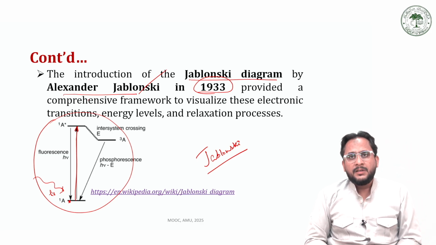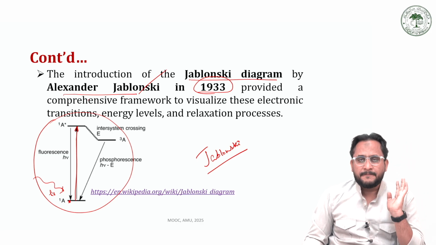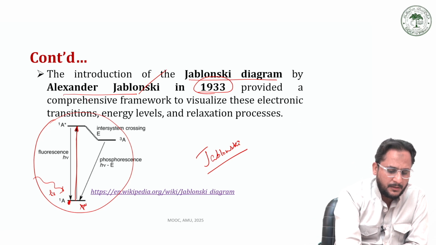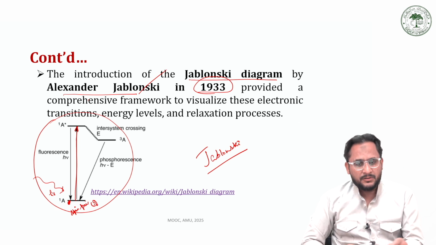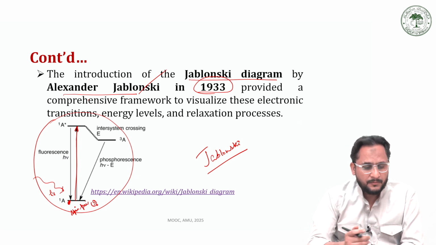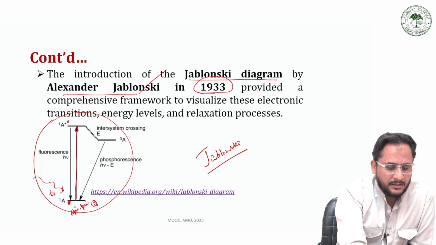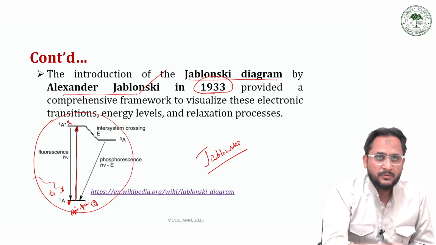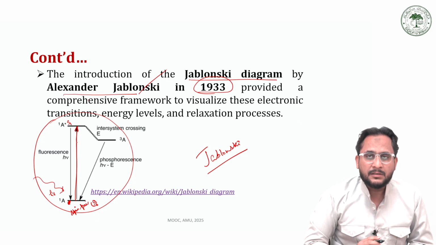Now there are two possibilities. In the ground state, the spin is paired, therefore it is a singlet state, referred to as S0 because it is the ground state, and the excited state is written as S1.